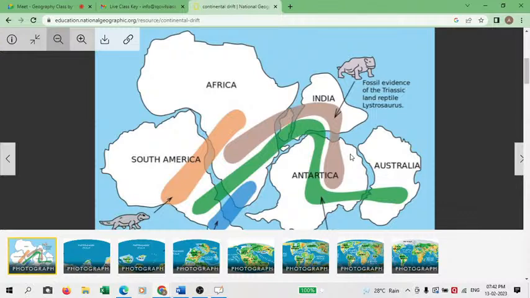Parallel evolution, एक एनिमल जो जन्म लेता है नॉर्थ अमेरिका में, वो इंडिया में भी पाया जा सकता है. एक एनिमल जो अफ्रीका में है, जैसे फॉर एग्जांपल लायन, even the rhino is found in Africa, you know that, right? मिलता है ना, केन्या, तंजानिया में राइनो मिलता है, इंडिया में भी है. इंडिया में है, पाकिस्तान में है, नेपाल में है, बांग्लादेश में है. जो इंडियन राइनो है, that silver color species is found in India, Nepal, Pakistan, Bangladesh also and Africa also. अफ्रीका में थोड़ा सा ब्रीड डिफरेंट है, but वो भी राइनो, उसका भी हॉर्न है.